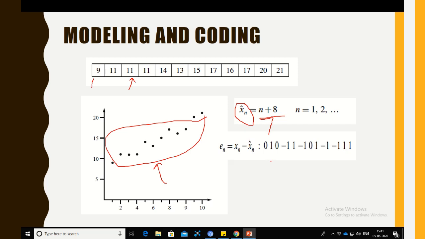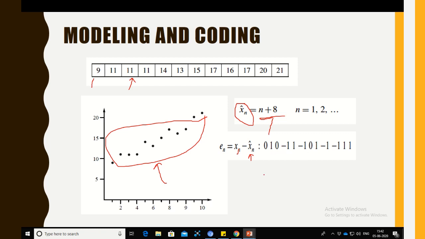Now I will find the error also, because with this equation I am going to have certain error. This is your original data, and this is what you have calculated using the equation. When you use n equal to 1, you get 9, so 9 minus 9 is 0. Then for 2, 2 plus 8 is 10, but your original data is 11, so 11 minus 10 is 1.